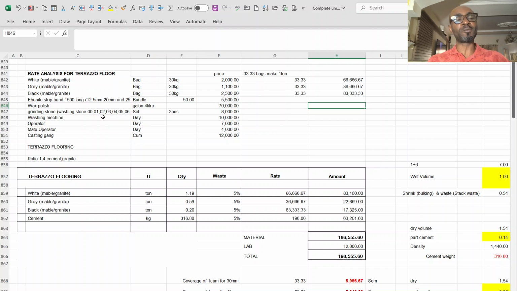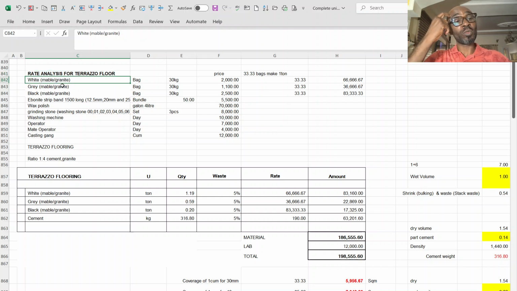before we proceed properly into the analysis, let us go through the materials that are required for the casting of this flooring. As you can see, I have a list on my screen, starting with different colors of stone, granite, ranging from white, gray, and black.